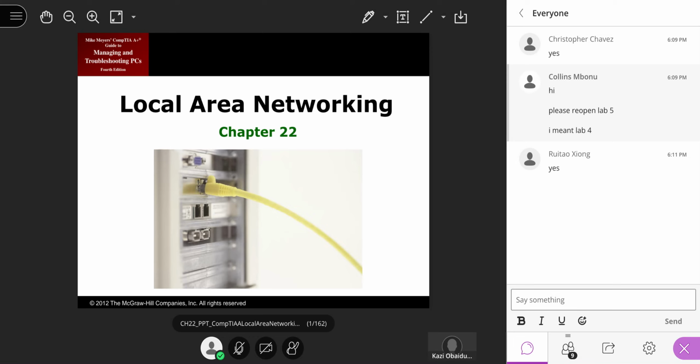A giant building is not possible. Let's say the World Trade Center is a giant building, where we may have more than 500 or 600 networking systems. So a small building, a small geographical area, is the local area network.